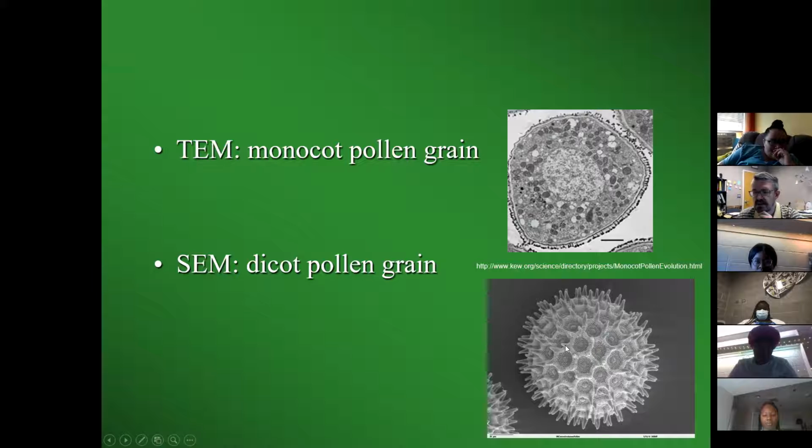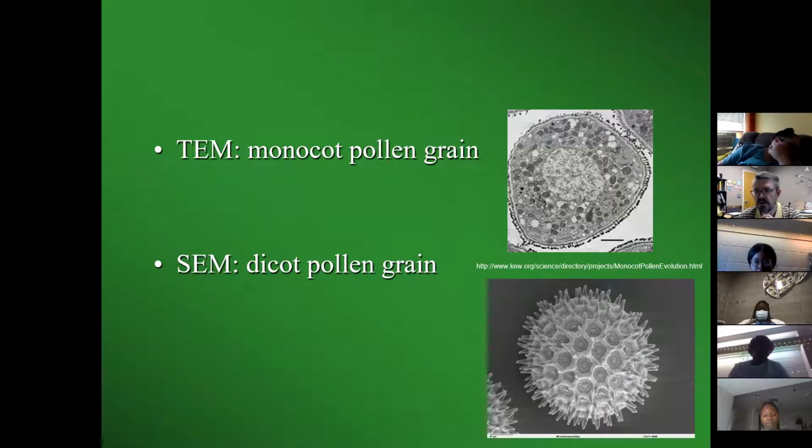The other cool thing about SEMs and pollen grains is SEMs are used to get these pictures of pollen grains, and you can identify the genus, not necessarily the species of a plant, based on the pattern on the outside of the pollen grain. This is a study called palynology.